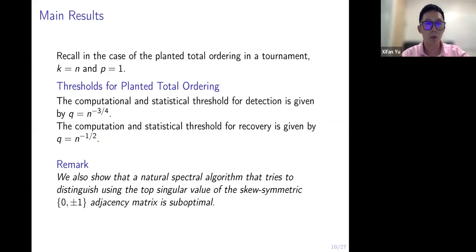This result avoids the n to the little o(1) factor and pins down the precise threshold in the planted total ordering situation. And we also remark that we show that a natural spectral algorithm, which tries to distinguish using the top singular value of the skew symmetric adjacency matrix, is suboptimal.